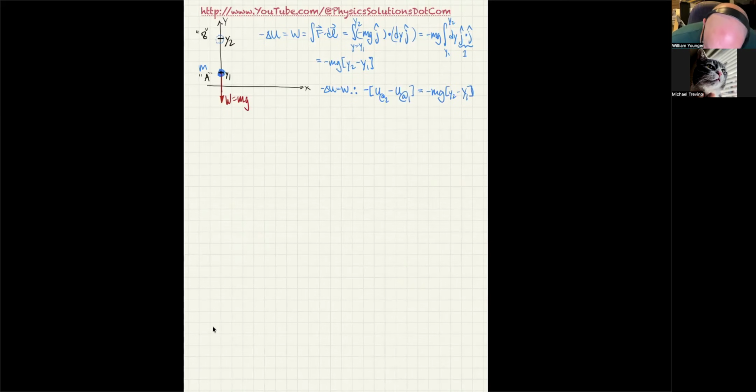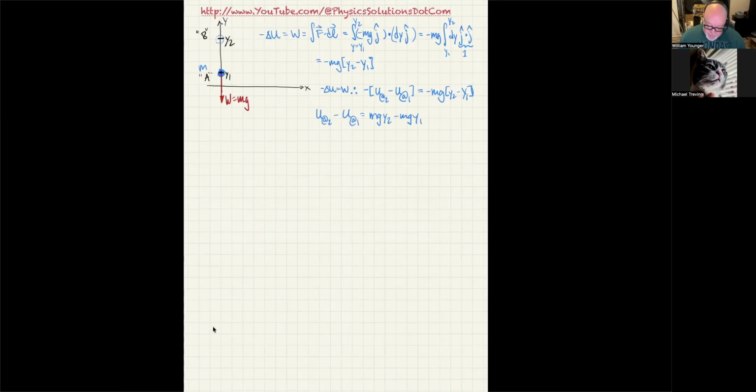Now you can see that the negatives could in principle cancel out, in which case you'd say U at 2 minus U at 1 is equal to, now I'm going to distribute the mg, mg y2 minus mg y1.